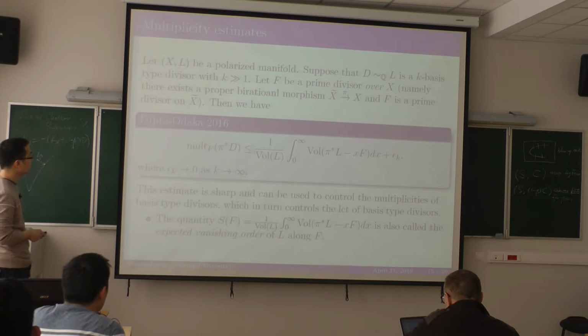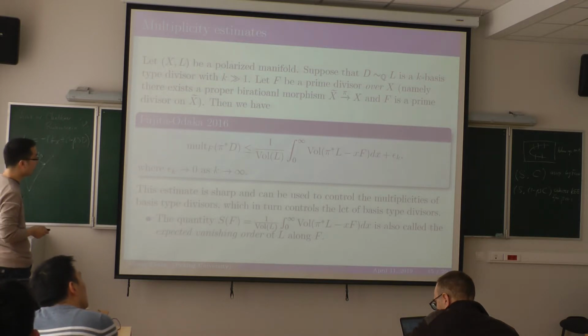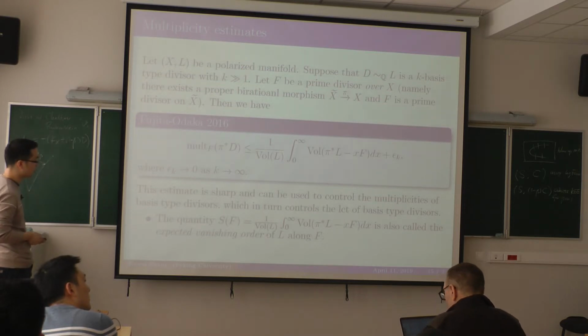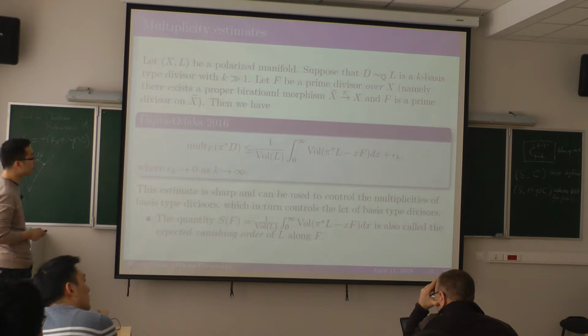This quantity is quite important in the study of K-stability in the literature, and it has a name. It's called the expected vanishing order of L along F. In some sense, this quantity measures the vanishing order of the class along any divisor.